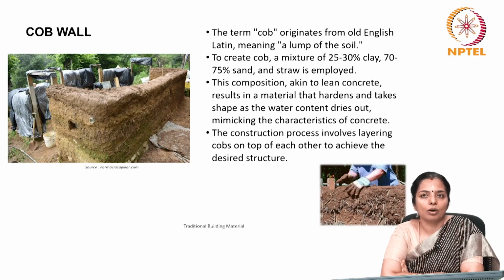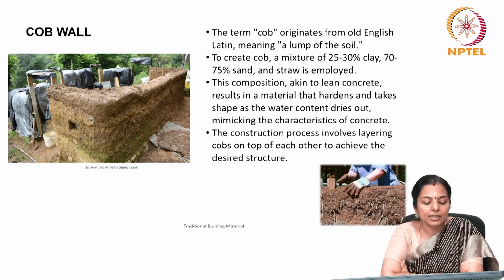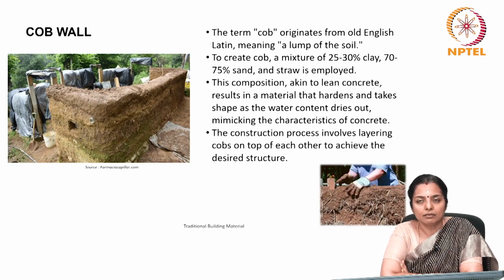To create cob, you need to have a mixture of 25 to 30% clay, 70 to 75% sand, and you need to have some straw also. From the picture you can see that there is straw in the mix. The composition is akin to lean concrete, and it results in a material that hardens and takes shape as the water content dries out, mimicking the characteristics of concrete.